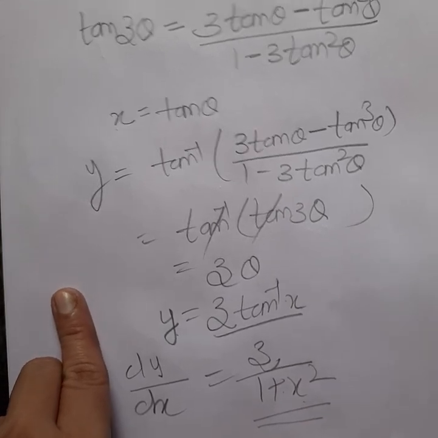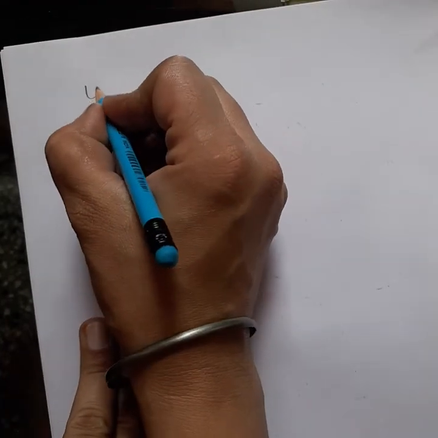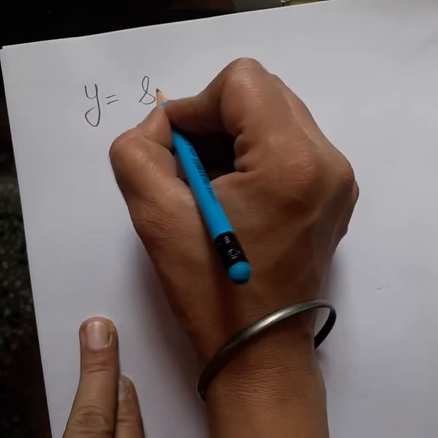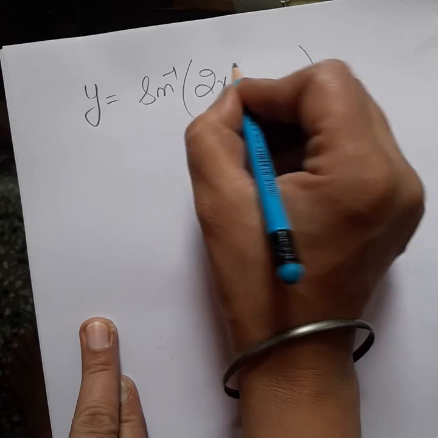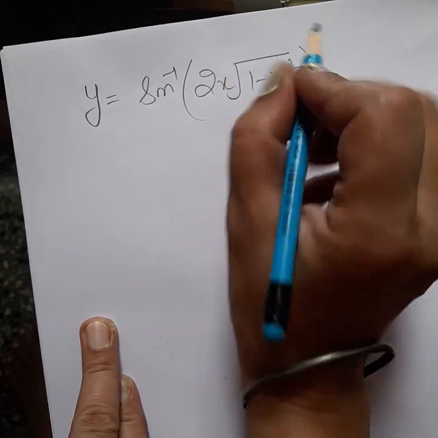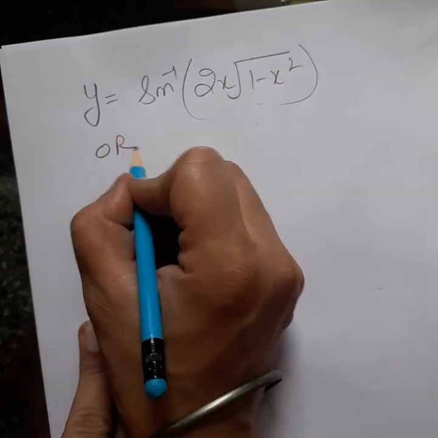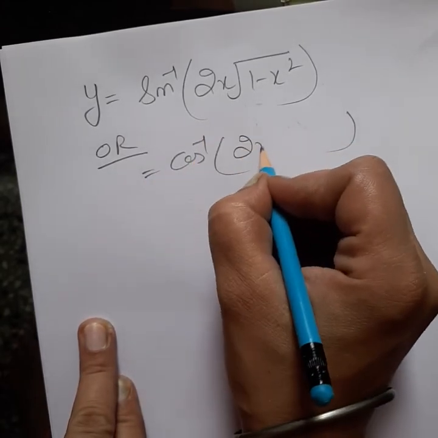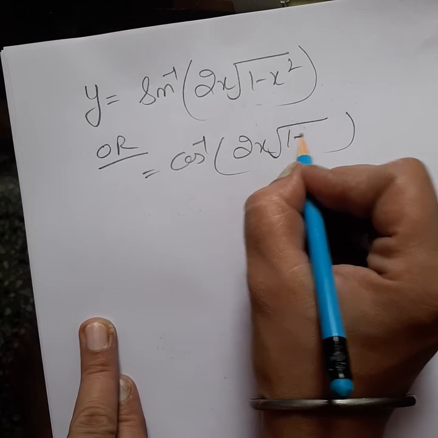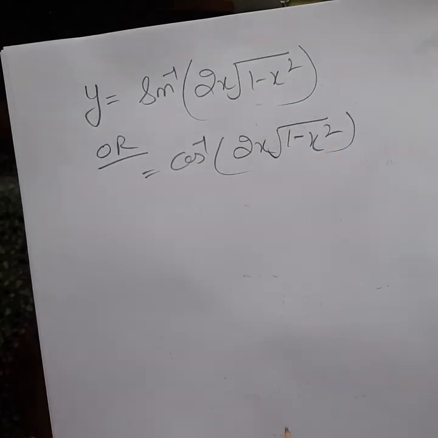Okay, now we move on to our next question, that is y is equal to sine inverse of 2x upon 1 plus x square, or the next question is cos inverse, and the same function is here, 2x upon 1 plus x square.